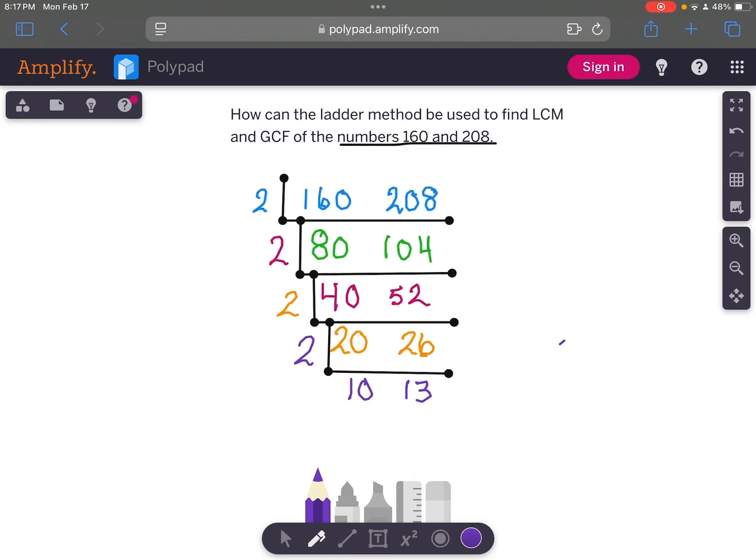So we have gotten to the point where we can no longer divide both numbers anymore. So this is where we stop, okay?